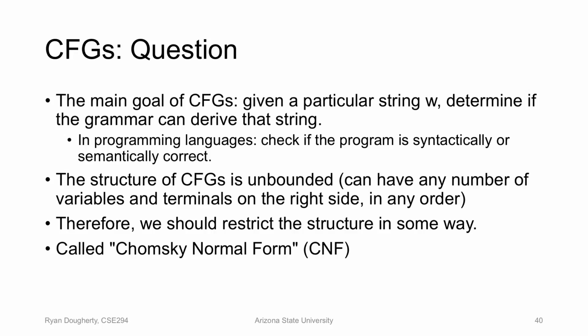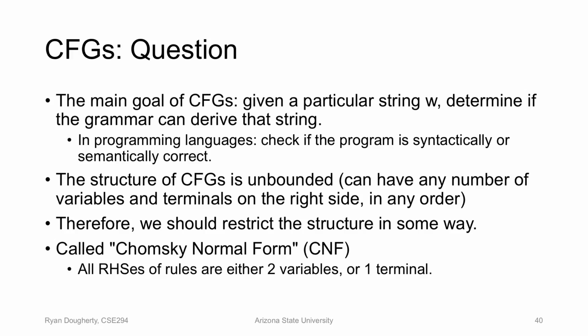He's the father of the Chomsky hierarchy, which is basically those models of computation I talked about, and what types of problems they can solve. He created this form called Chomsky normal form, which is essentially an easier to parse version of a context-free grammar. I will go to an example of what a Chomsky normal form is.